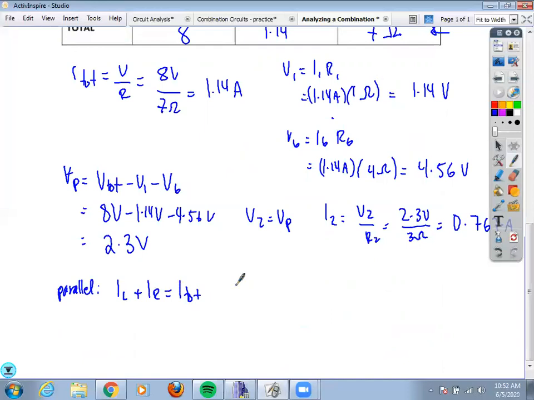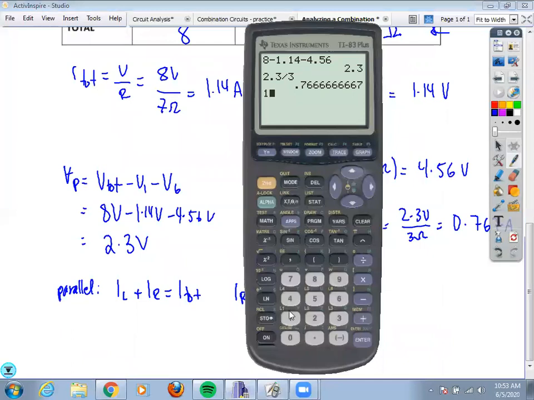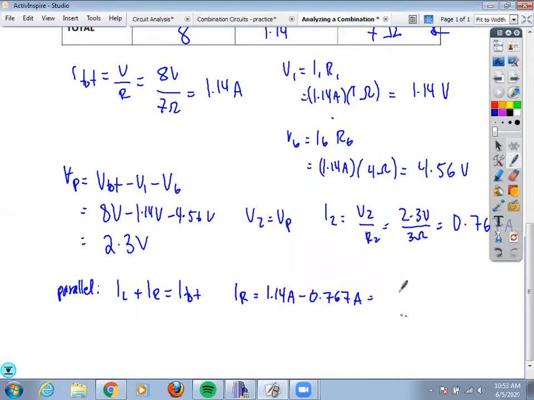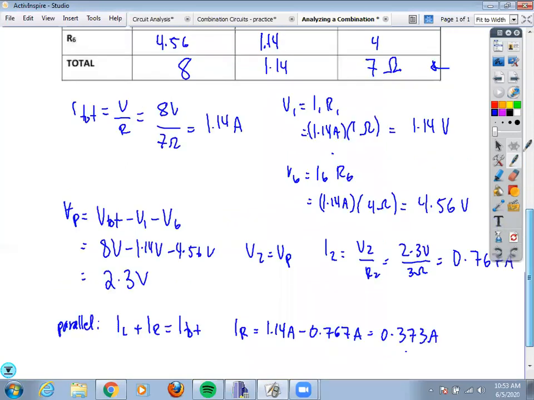So the current on the right-hand side would equal 1.14 amps minus 0.767 amps, and you get 0.373 amps.